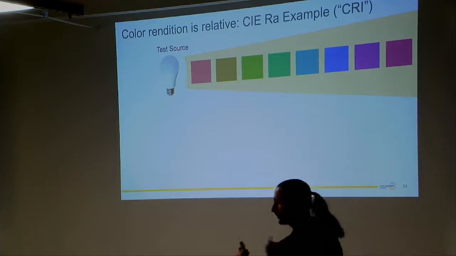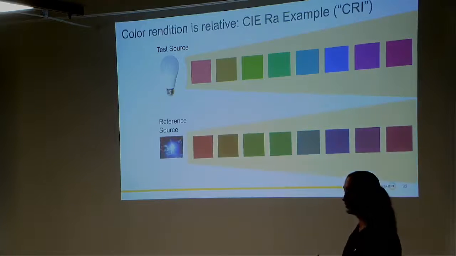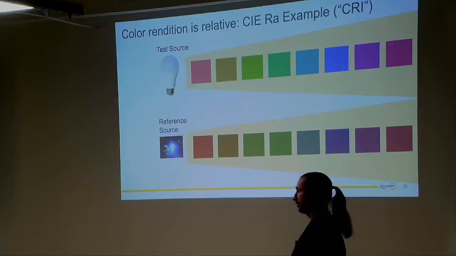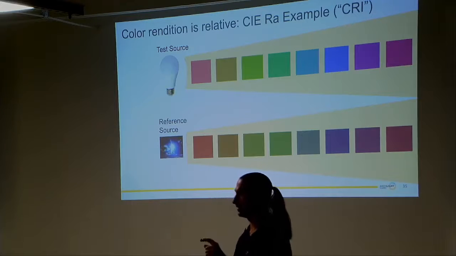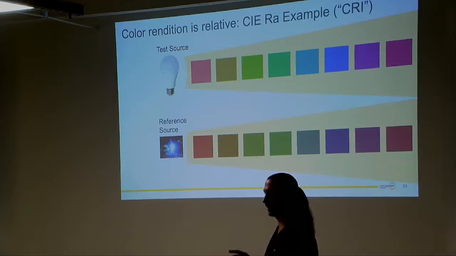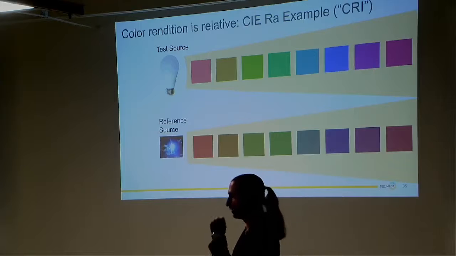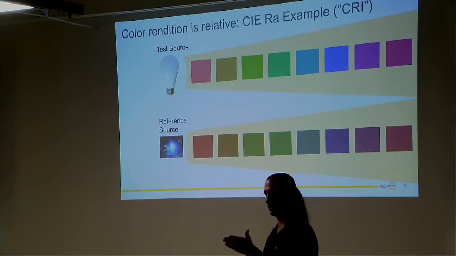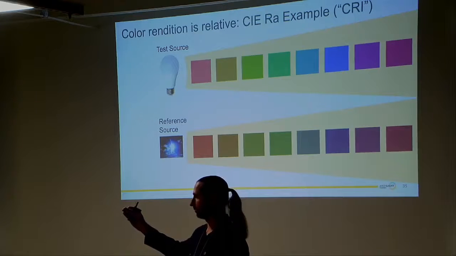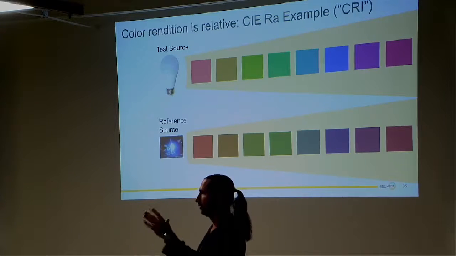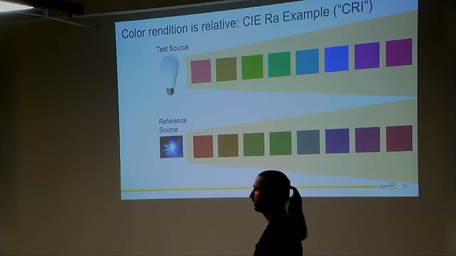But we imagine that this light source is lighting those, and then we compare it to its reference source, remember? Relative to the reference. In this case, in almost all cases, the reference source is going to be a broadband light source at the same CCT. There's some nuances in how it's calculated, but generally speaking, if you have a light source at 3000 Kelvin, your reference source is going to be a broadband light source with energy at all wavelengths at the same CCT, okay?